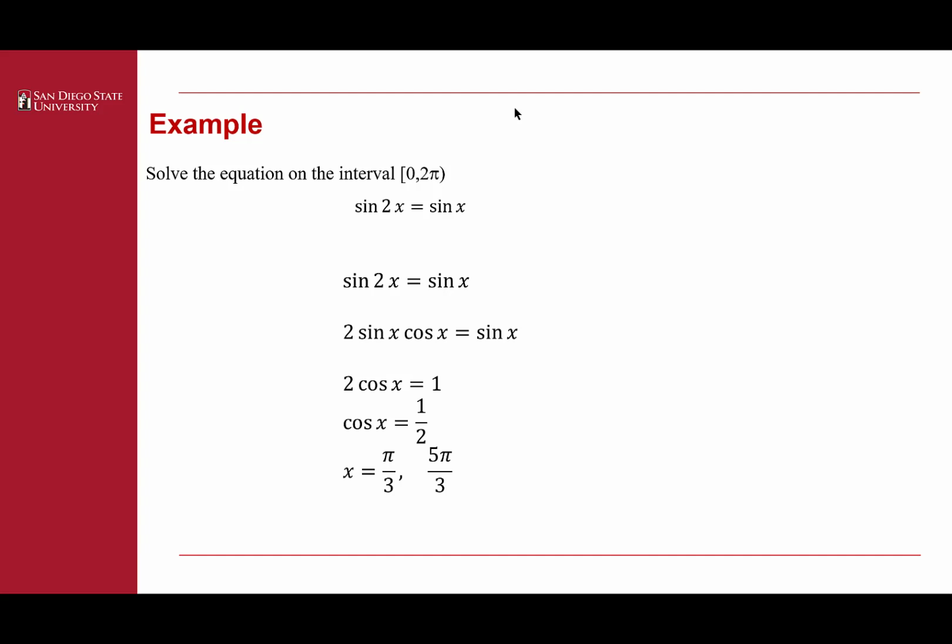Sinus 2 times x is the double angle identity, and it can be translated as 2 times sinus x times cosinus x equals sinus x. So if you use this double angle identity, it will be much easier to solve.